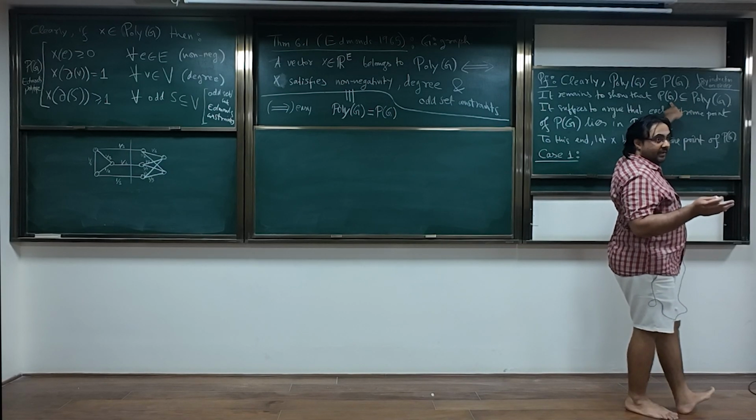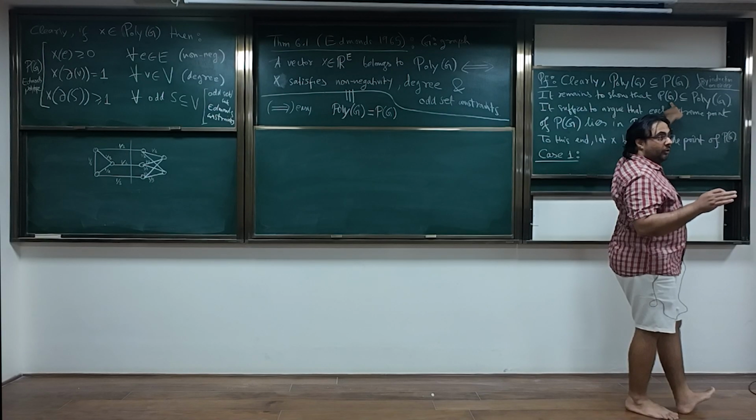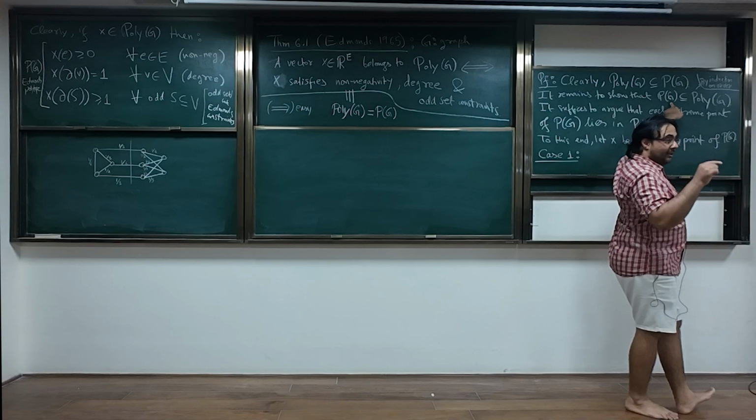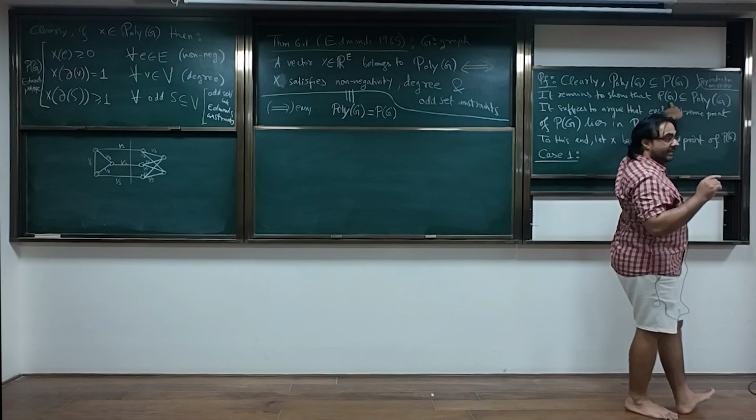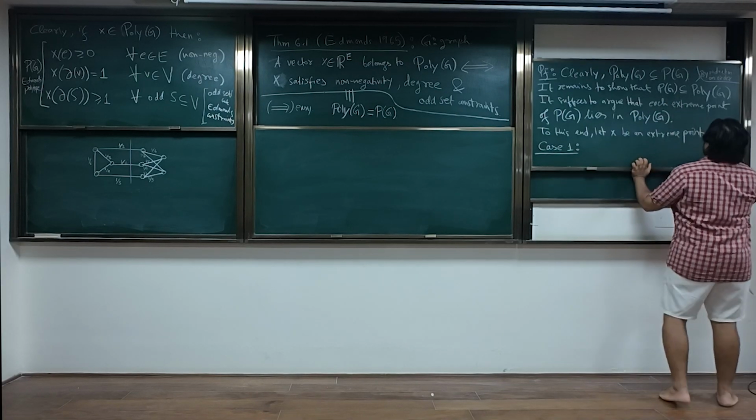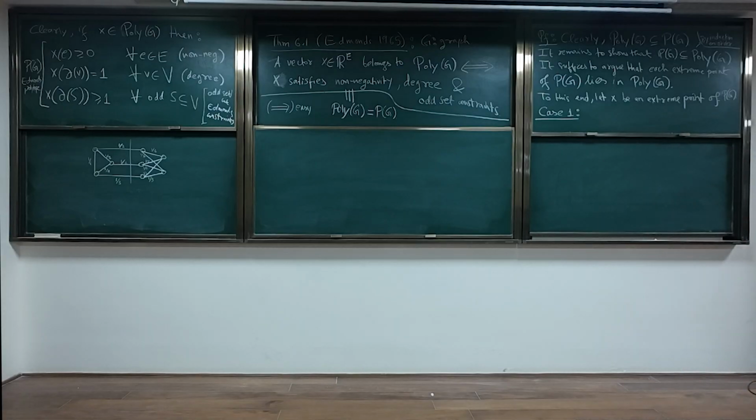So we can assume that Edmonds polytope is non-empty. This actually implies that the graph has a perfect matching, DIY. So one small remark that I wanted to make.